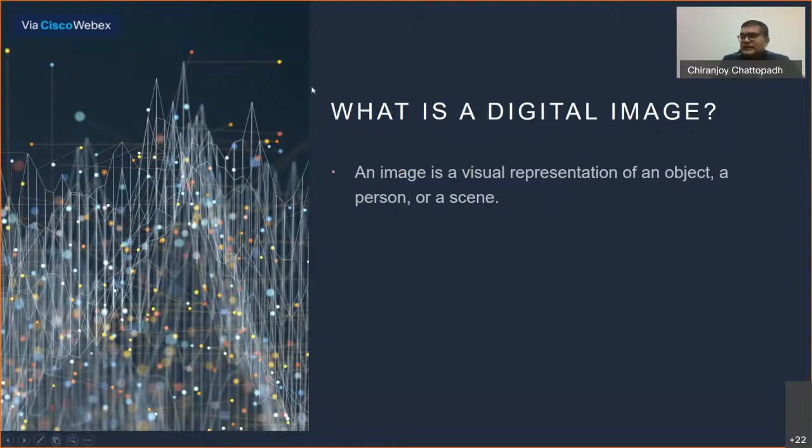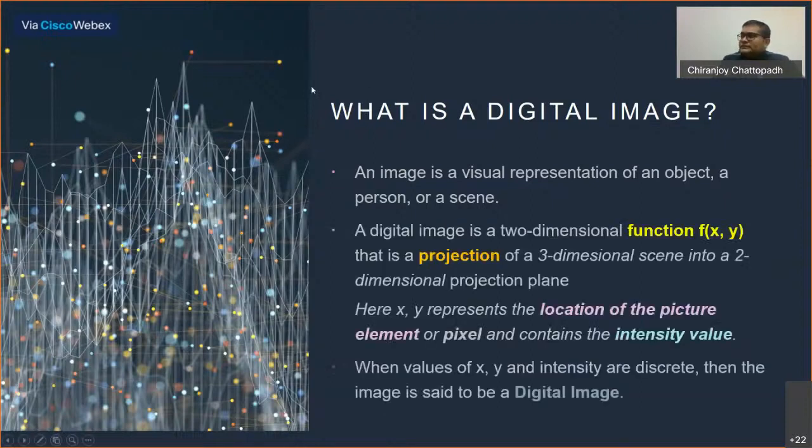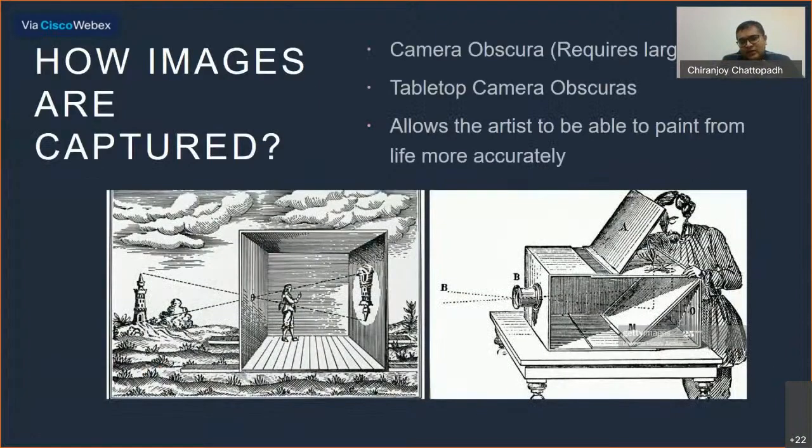If we go back to the older days of how images were captured, you see in the slide the concept of pinhole cameras, where the reflection of an object comes to a wall or a screen, and then the artist used to draw upon it.